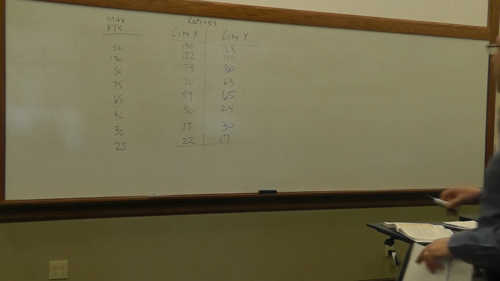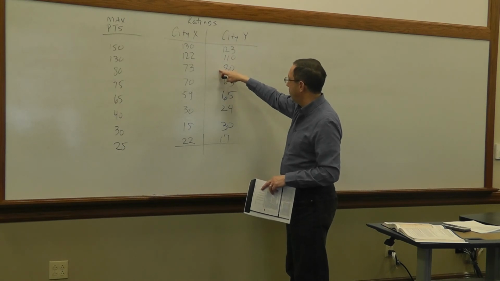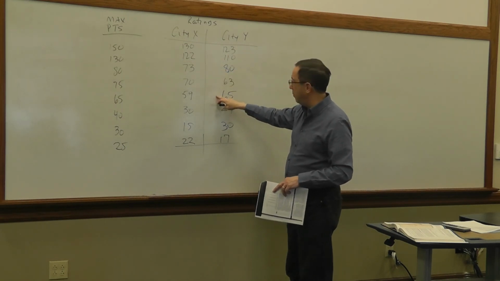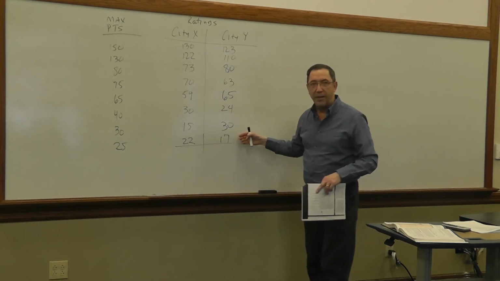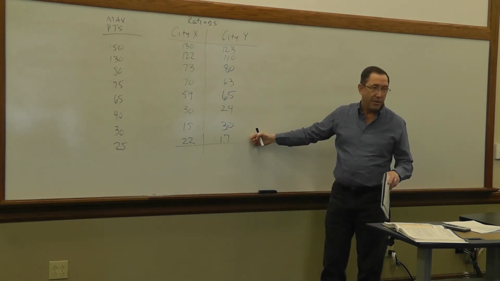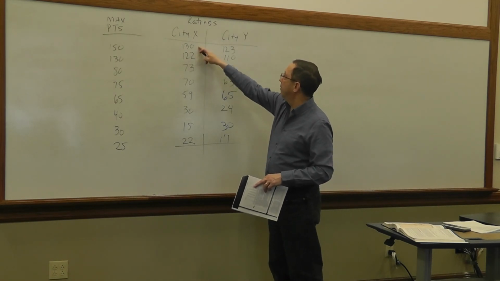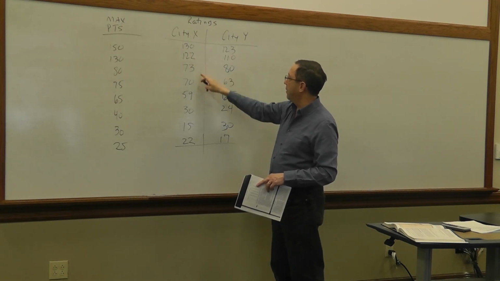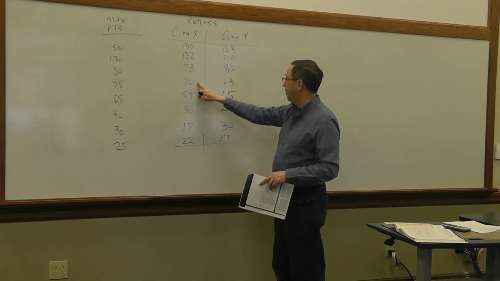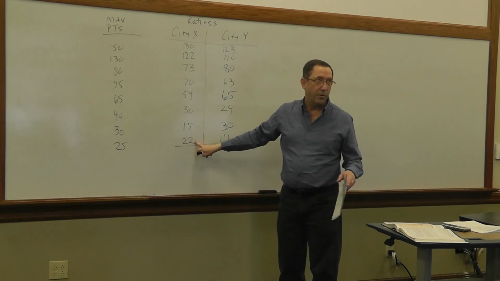Because what do the blue numbers give City Y? It gains them 7 points here, plus 6, 13 points, plus 15. It gains them 28 points. What is City X's lead? It's already 7, plus 12 is 19, plus 7 is 26, plus 6 is 32, plus 5 is 37.